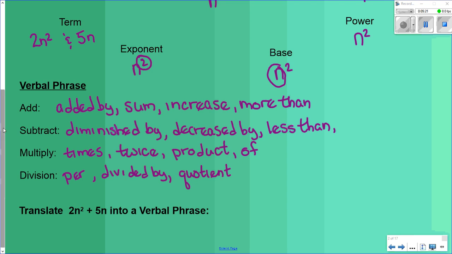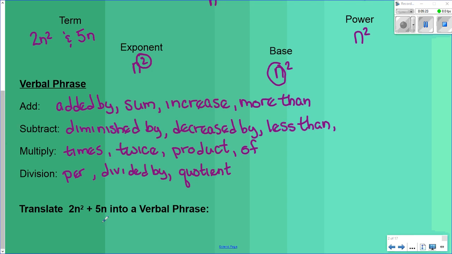So now we have what we started with, the algebraic expression, and we're going to turn it into a verbal phrase. So we got the first one. We got 2 and 2n squared.